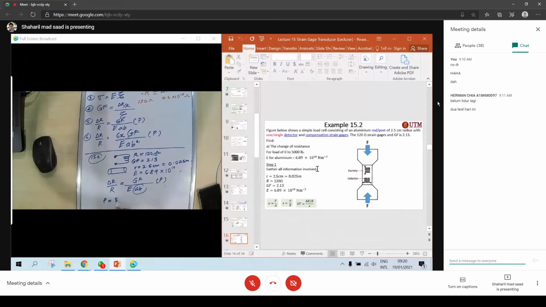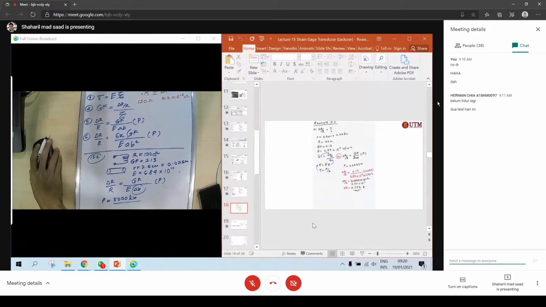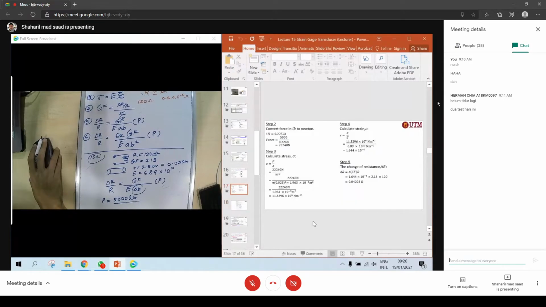The P you apply is 5000 lb. Then you need to convert it to Newton. The conversion is to divide by 0.2248. Then you get 22240 Newton.